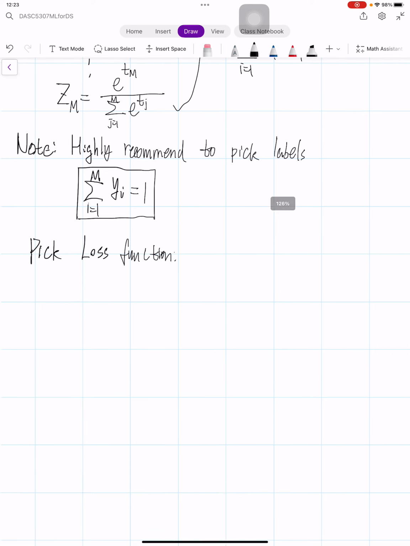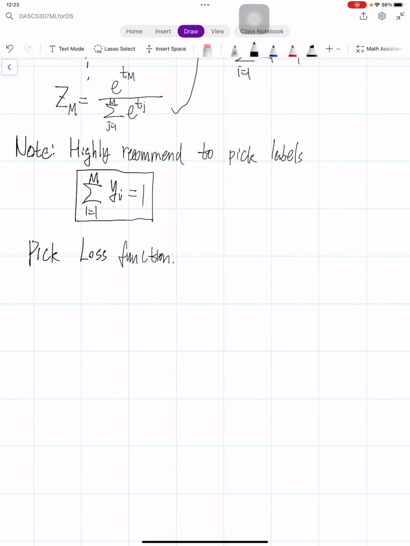So for a k-class softmax output, the loss function is between z and y.